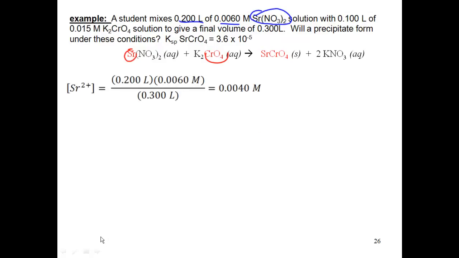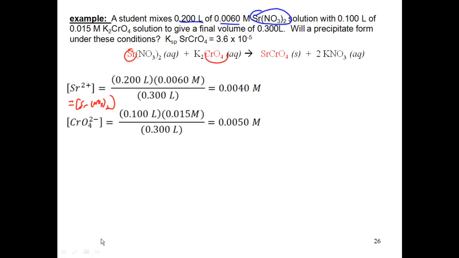So, strontium ion concentration is equivalent to the concentration of my strontium nitrate: 0.2 liters times 0.006 molarity divided by 0.3 liters, which gets me 0.0040 molarity. If I wanted the nitrate concentration, since it's a 1-to-2 ratio, I'd double it.